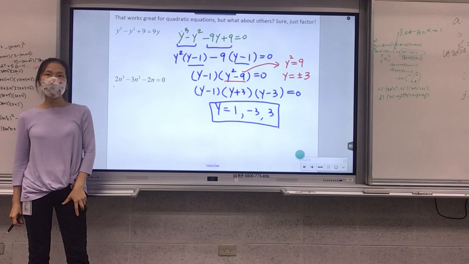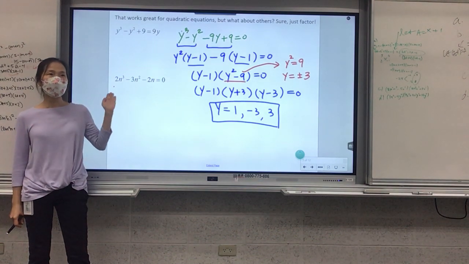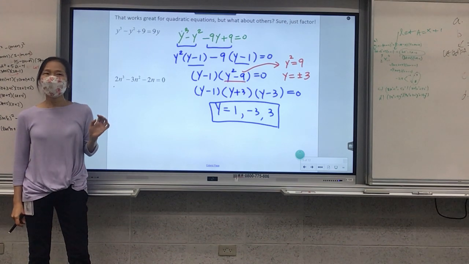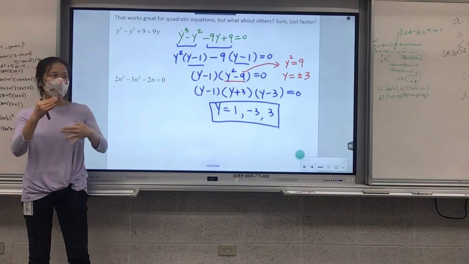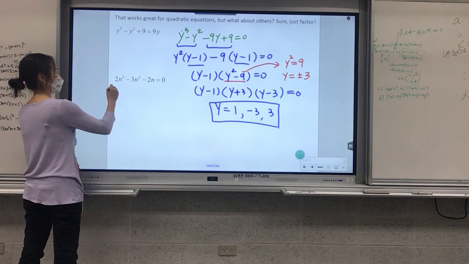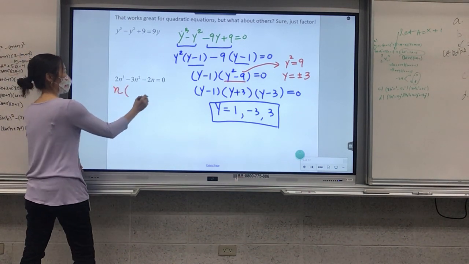All right, what should you do first for this example? Yeah, always look for the greatest common factor among all the terms, because it might reduce the complexity of the equation. So I'm going to take out n first.